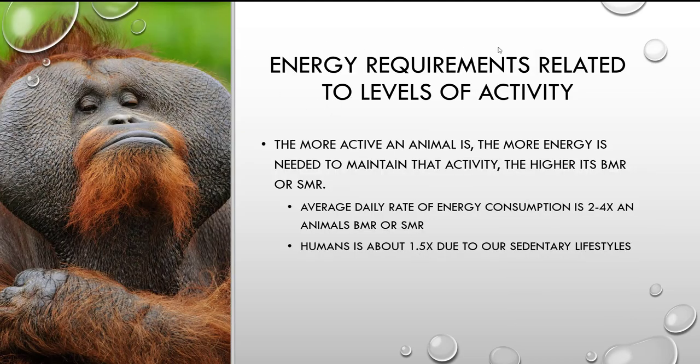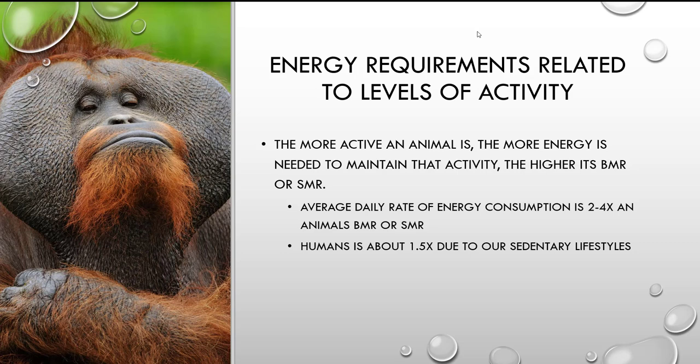And then, of course, the more active an animal is, the more energy it needs to maintain its activity. The average daily rate of energy consumption is usually about 2 to 4 times an animal's BMR or SMR, depending on whether it's an endothermic or ectothermic animal. The basal metabolic rate is just at rest.